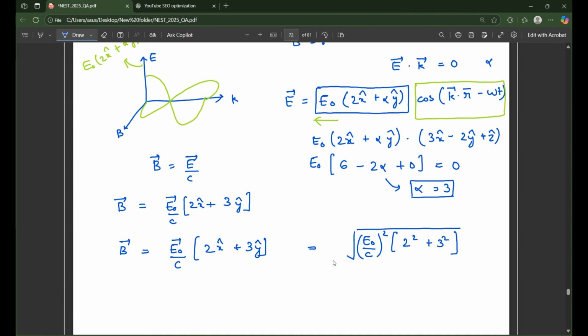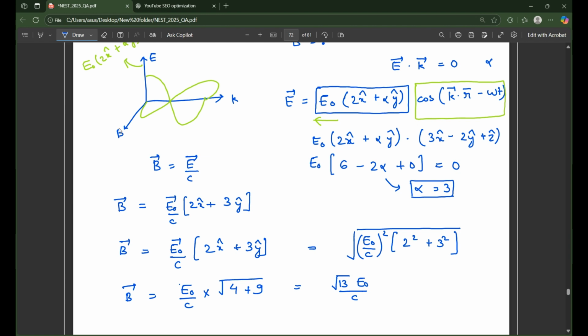On solving this, we get B equal to E naught by C times the square root of 4 plus 9, which is 13. So B is equal to root 13 E naught by C. This is the final magnetic field, the magnitude of the magnetic field.